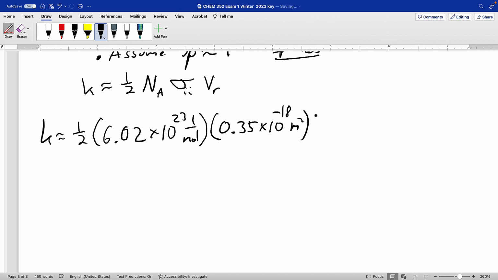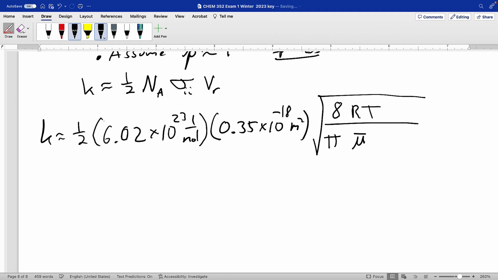And then we have our relative speed. So I'll just plug in the equation for that. So the square root of 8 pi RT, and then we could plug in the molar reduced mass, or we could just cross that off and say that's the same as the molar mass divided by 2, since they're identical particles.